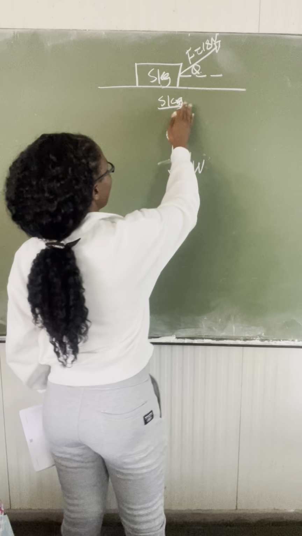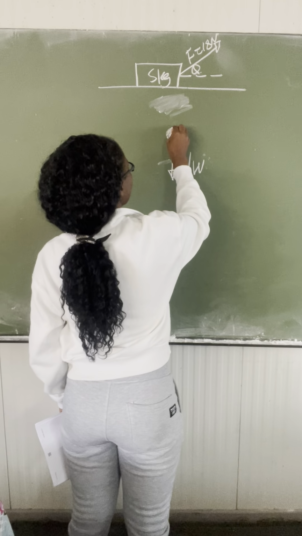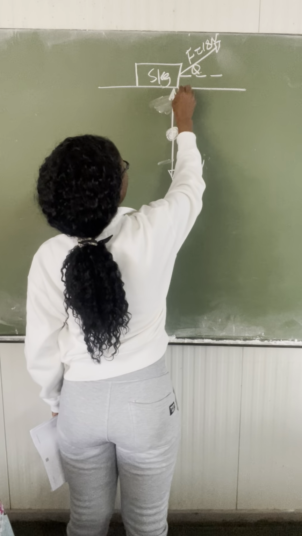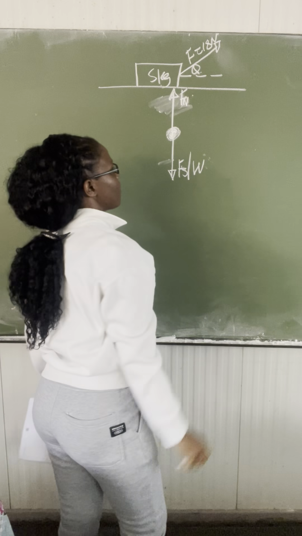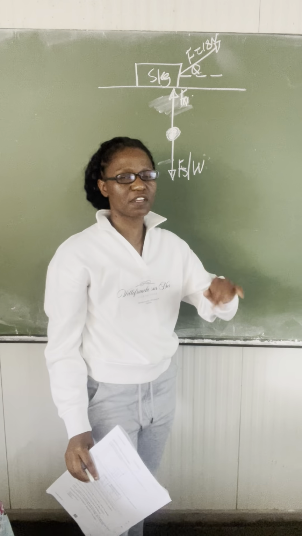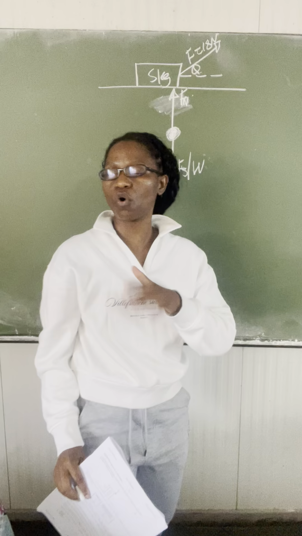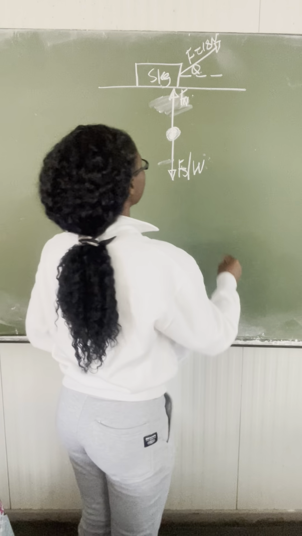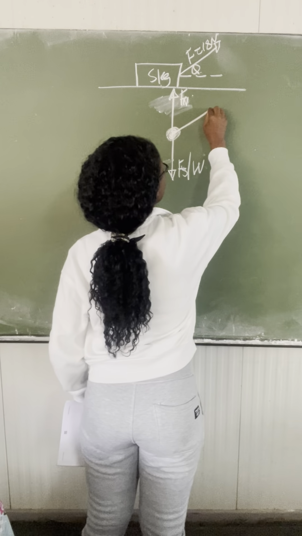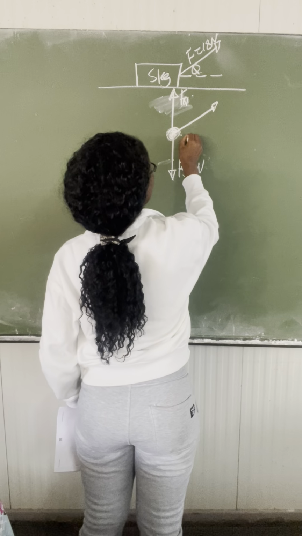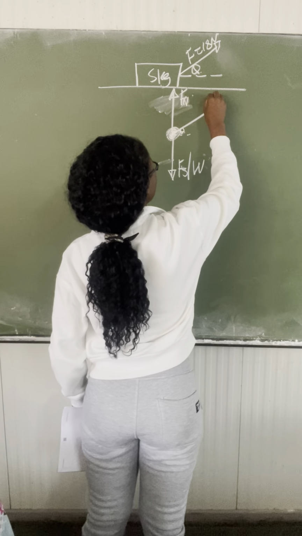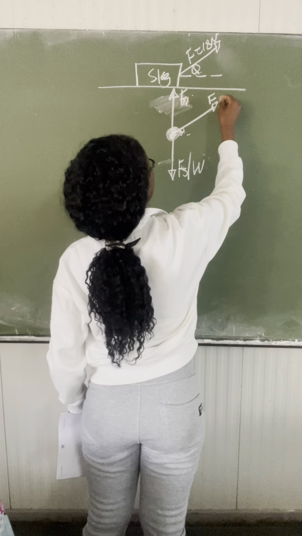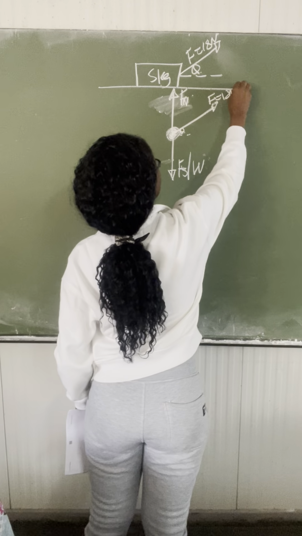And then the second force experienced by this is what we call the normal force, the force exerted by the surface on an object in contact with it and always acting perpendicular to the surface. And then the third force, of course, is the applied force that is applied at an angle. So there it's the applied force, the F, which is equivalent to 18 Newton.